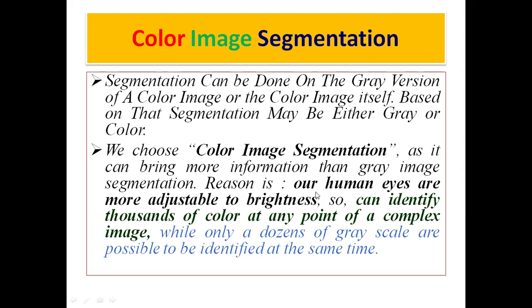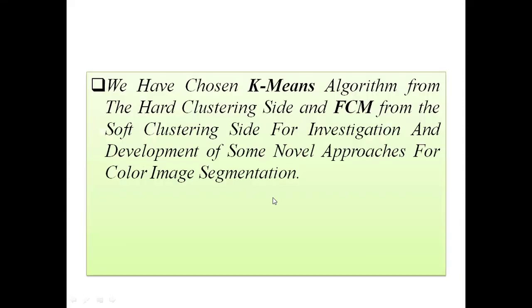So if somebody asks you as a research question why you have chosen color image segmentation, the answer is simple: through color image segmentation, we can extract more information from an image. The reason being, our eyes are adjustable to brightness, so we can identify thousands of colors at any point of time, but we can identify only dozens of grayscales, right? That's why we should go for color image segmentation.